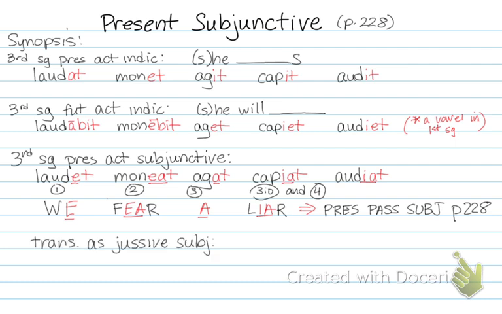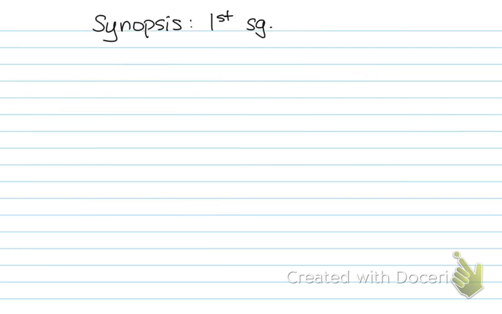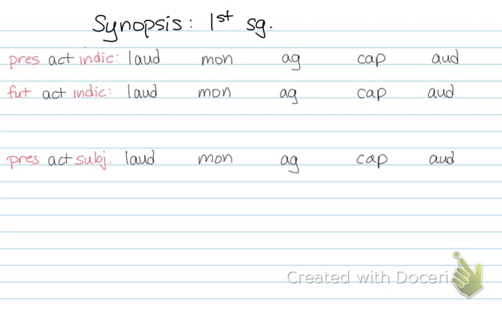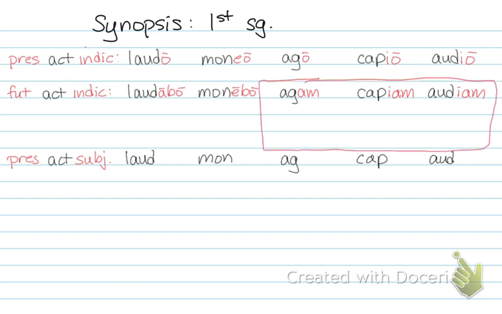To give you a sample translation, let's use the jussive subjunctive, which will translate as let him or her blank. So, for example, let him praise. Okay, just for good measure, let's take a quick peek at the first singular, because that's the only one that has one oddity in the future active. So there's your present active indicative for singulars. There's your future active indicative first singulars.